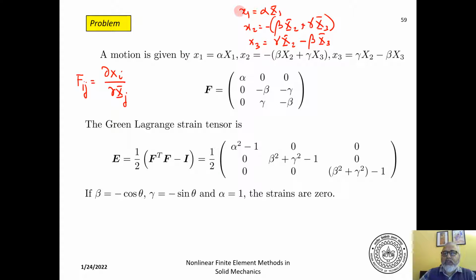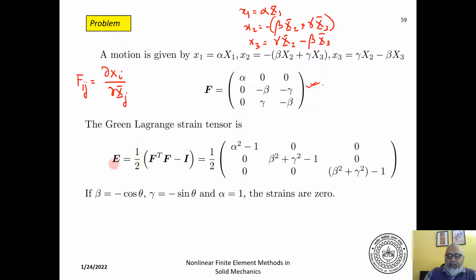And if you do that, del small x1 del capital X1 is alpha, the rest are 0. Then small x2 capital X2 is minus beta, and small x2 capital X3 is minus gamma. Small x3 capital X2 is gamma. Small x3 capital X3 is minus beta. So this is your F.